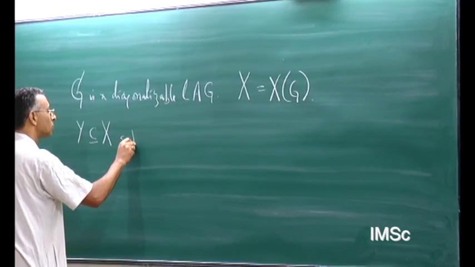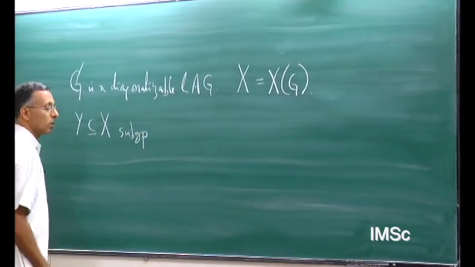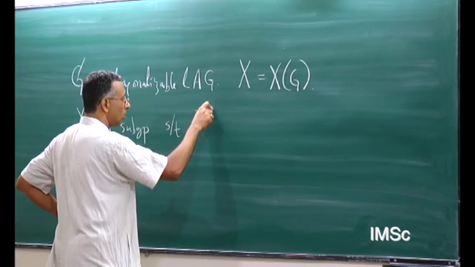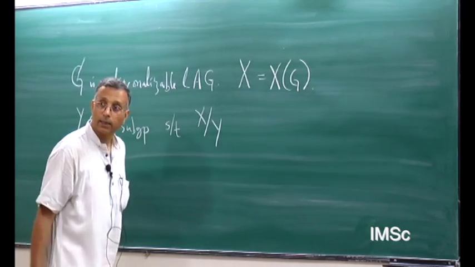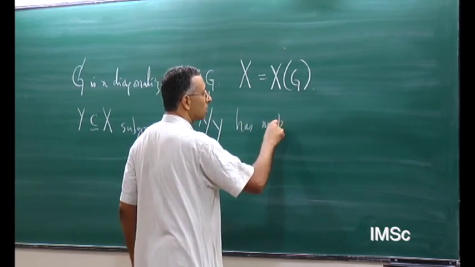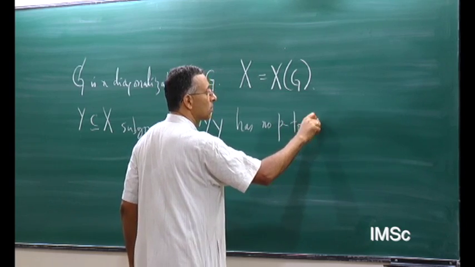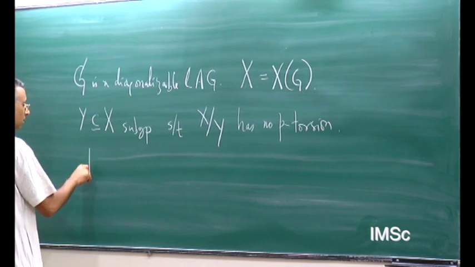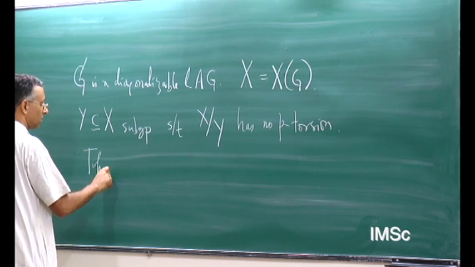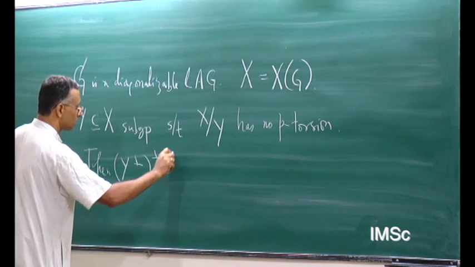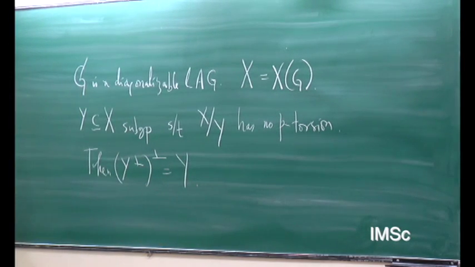Subgroup such that x mod y has no p torsion. Then show. So this is the exercise.